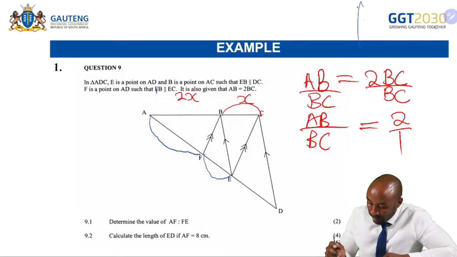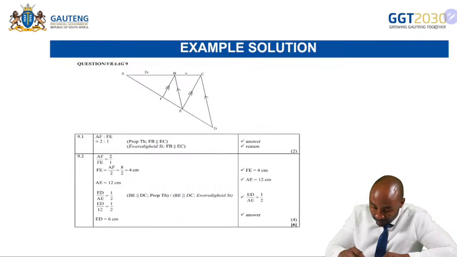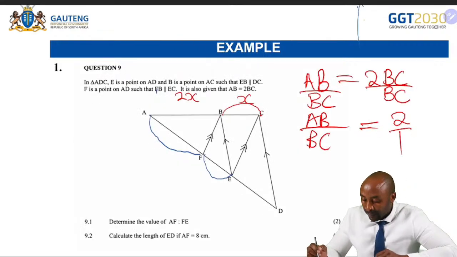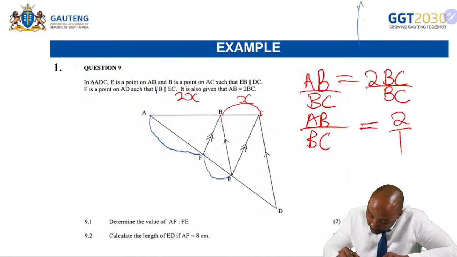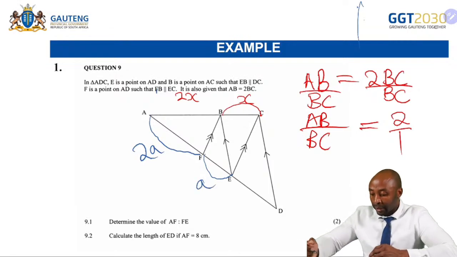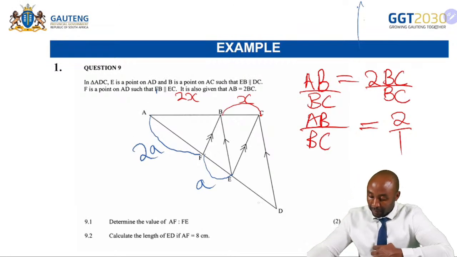Now, we have found that the ratio AF to FE is 2. Let me use 2A, and that one will be A. Because we are using different line segments, I'm changing the alphabet to A so that I do not have X and X. X applies on that side AC, and A will apply for this side.